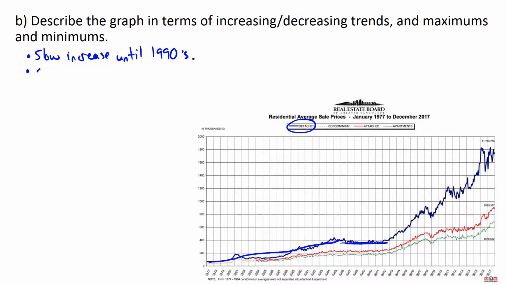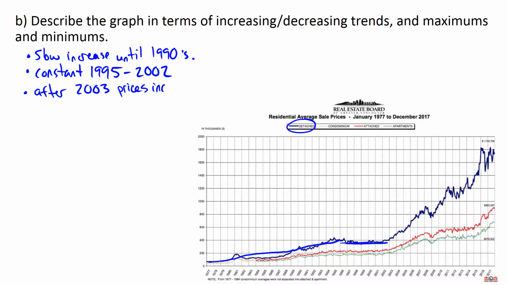So constant between 1995 and about 2002, and then starting after 2003, prices increase, and I'm going to describe the rate as quickly because it's a much steeper slope there. So prices increase quickly.